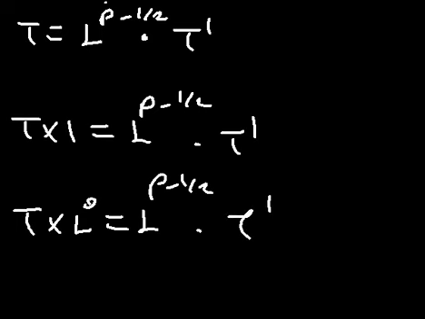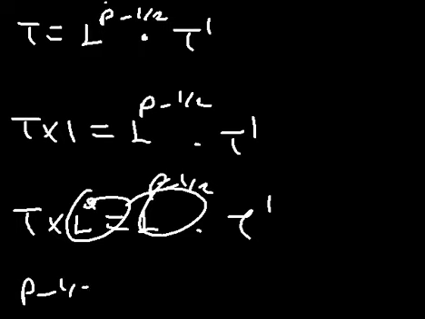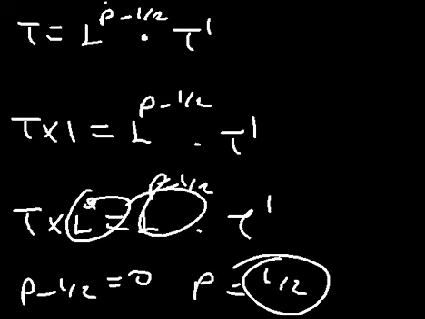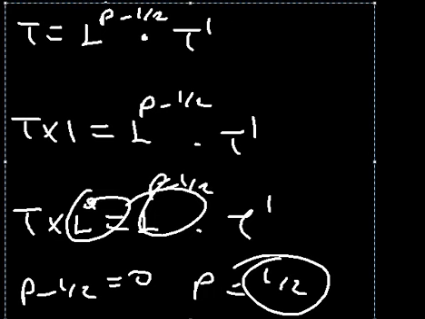In this case, we equate the two. Since the bases are the same, we equate the powers, so p minus half is equal to 0, which means p is positive half. That is the value of the exponent making the function dimensionally consistent.